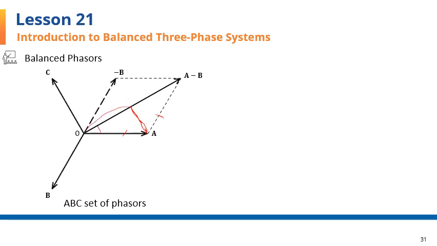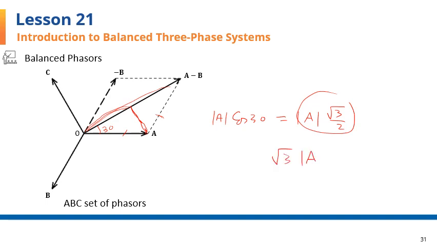We know this is a 30-degree angle, so the half length would be the magnitude of A, or length of OA, times cosine of 30 degrees, which is to say magnitude of A times square root of 3 over 2. To get the length of A minus B, we need to double this, which results in square root of 3 times magnitude of A.